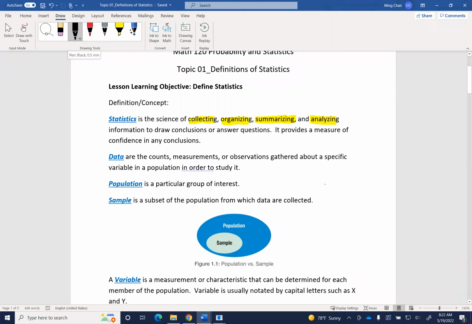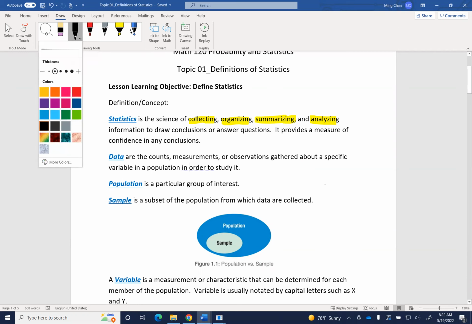Well, if you actually live in North Carolina and buy car insurance from North Carolina, the prices are different. Your premium is different. Your basic premium is a little bit different between South Carolina and North Carolina. And why is that? What caused that? So you see, statistics is all around us. We just don't see it all the time, but it is there.